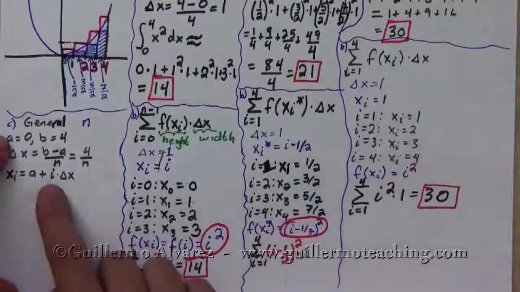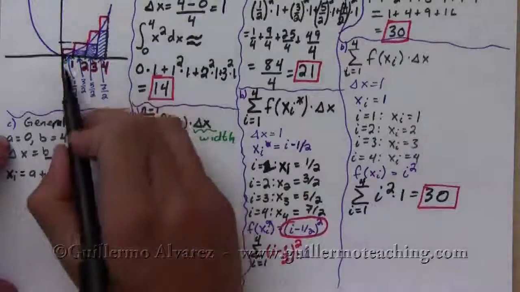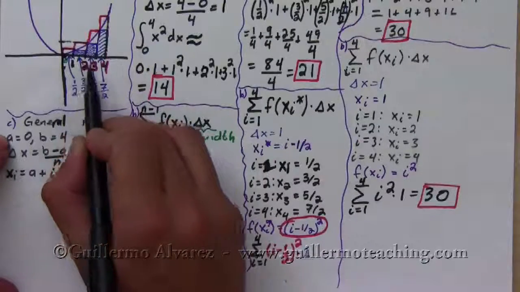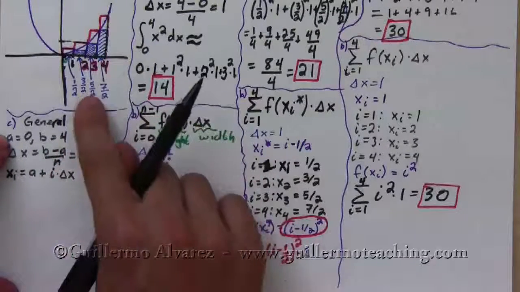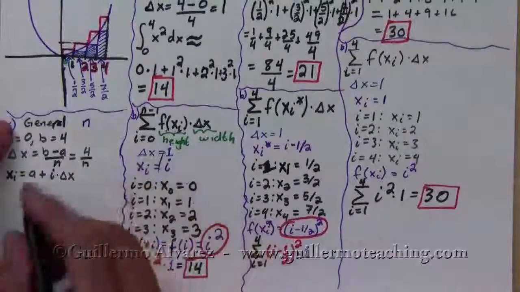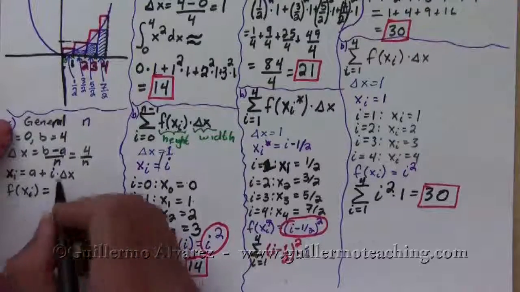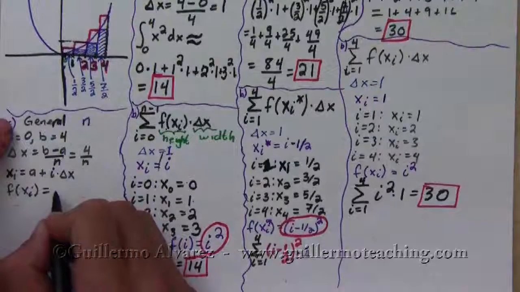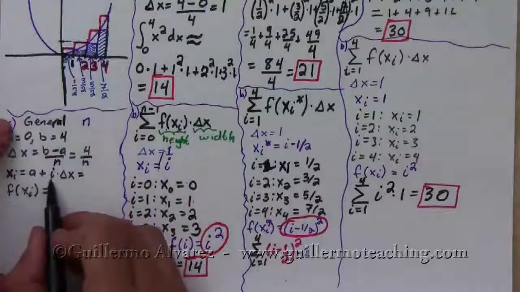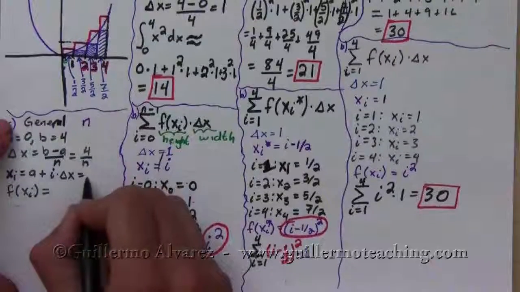What this basically means is that you're taking a delta x step from each previous one. So you go from 0 to 1, then from 1 to 2, 3, 4, because delta x is equal to 1. So then that means that f of x sub I is equal to, well, here a is 0, and then we have to leave it as I and delta x.